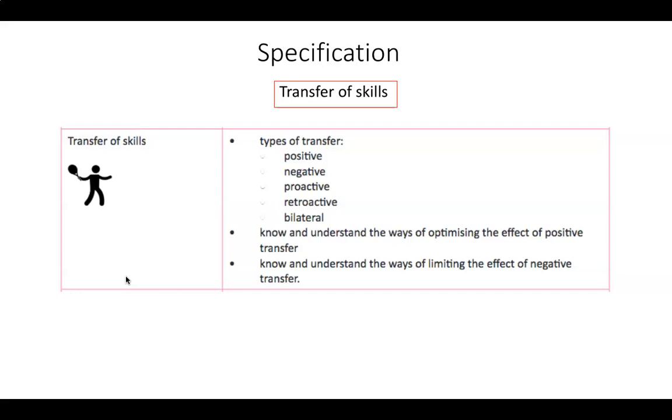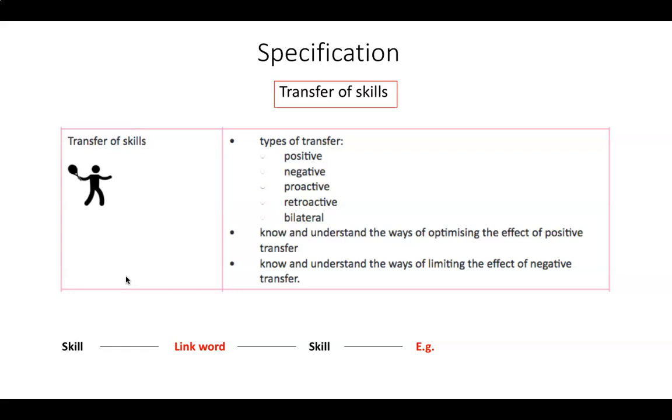When we're describing transfer of skills, we have to go through the following process. We have to speak about one skill. Then we have a linking word for each type of transfer. Positive, negative, proactive, retroactive, and bilateral have their own linking word. Then we mention the skill again, and then we have to give an example for it.